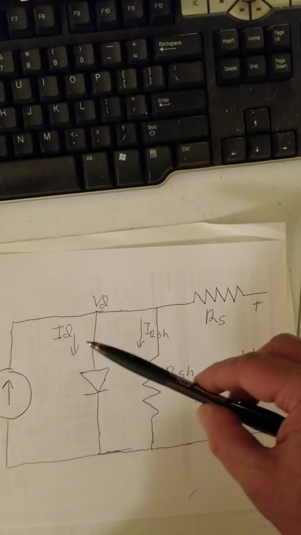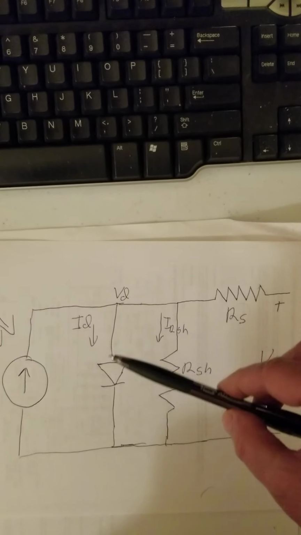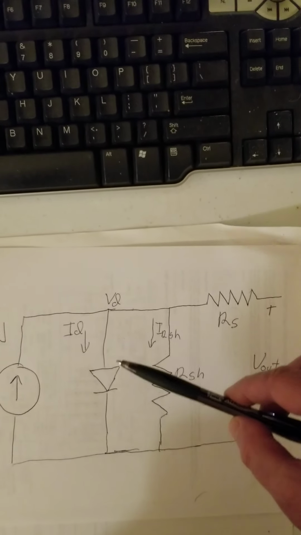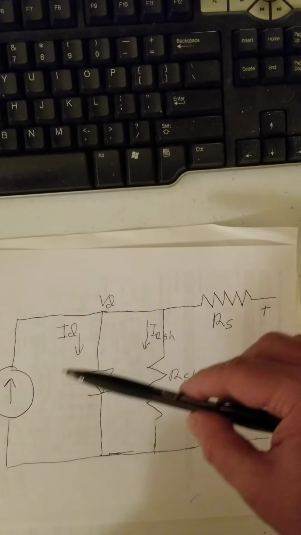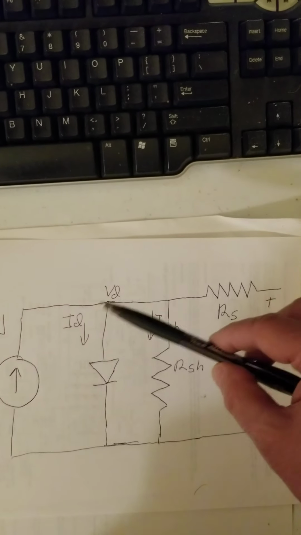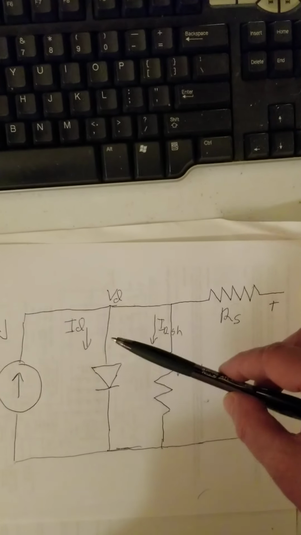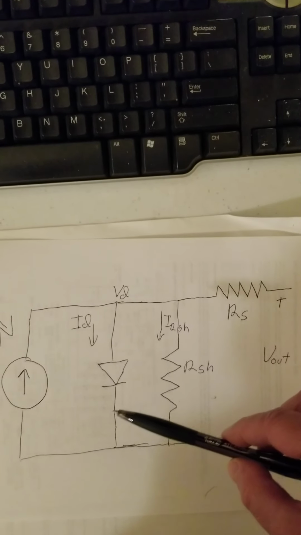Now the interesting thing is ID going through the diode is a certain value around 0.6 of a volt, or VD is around 0.6 of a volt, and this current is determined by the temperature of the solar cell.